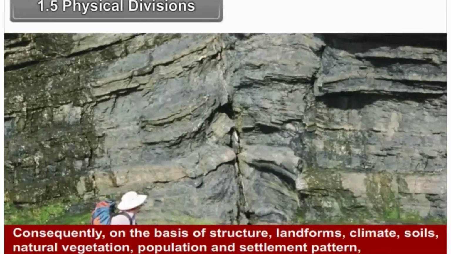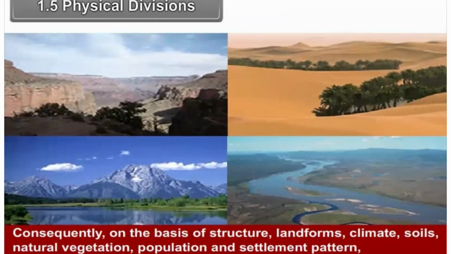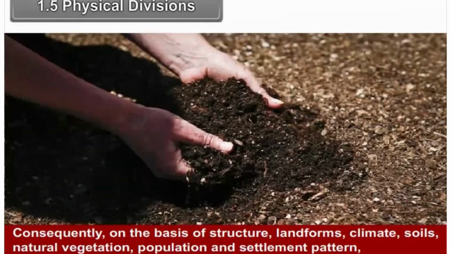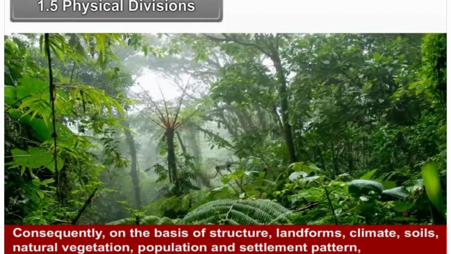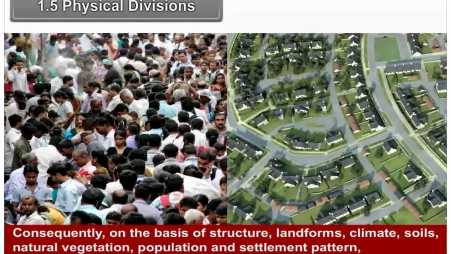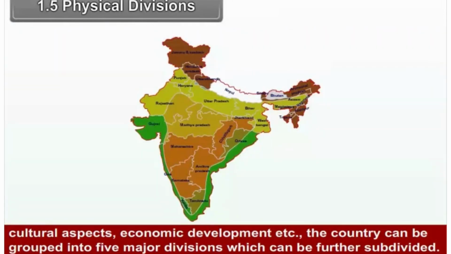Consequently, on the basis of structure, landforms, climate, soils, natural vegetation, population and settlement pattern, cultural aspects, economic development, etc. the country can be grouped into 5 major divisions which can be further subdivided.